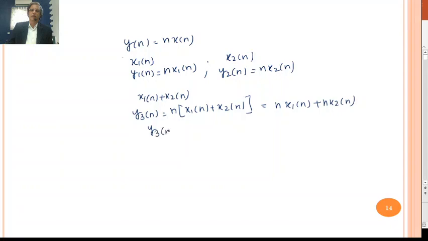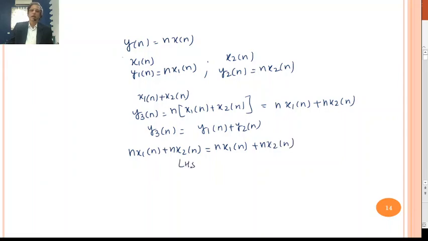For that, y3(n) should be equal to y1(n) plus y2(n). Now y3(n) is n x1(n) plus n x2(n), that equals n x1(n) plus n x2(n). Now the left hand side and the right hand side are equal, hence the given system is the linear system.